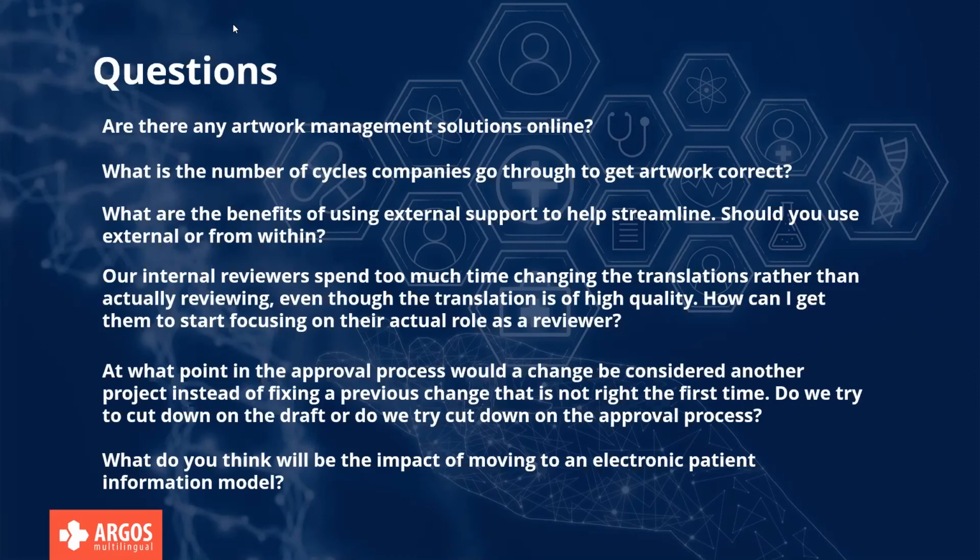If we move to an electronic patient information model, we can change that much more quickly. So the probability that you're looking at the most accurate or most recent version of that PIL increases, which has got to be a good thing.